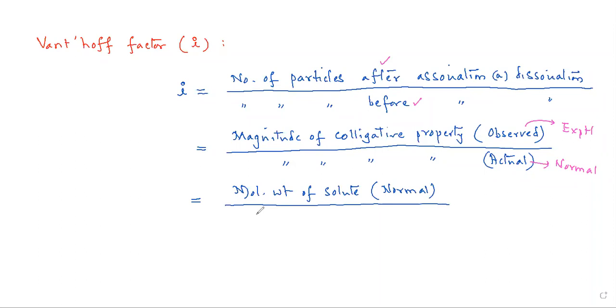The normal has come into the numerator: M normal by M observed. So the first two are directly related, whereas the last one is inversely proportional.